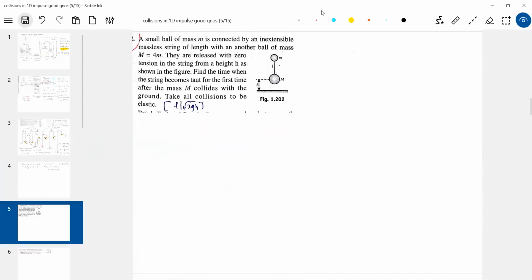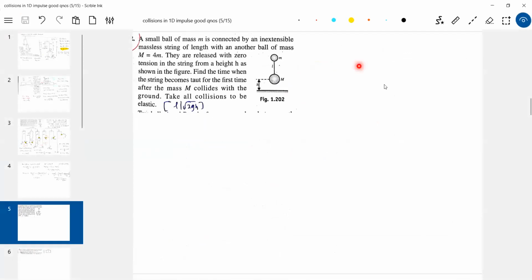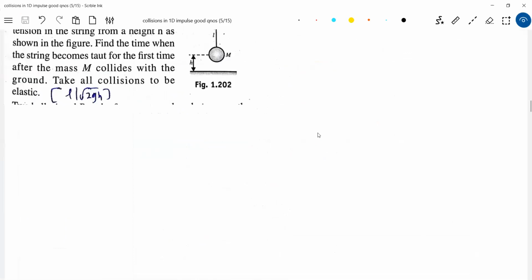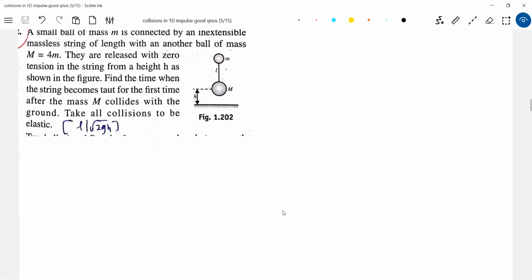Okay, take the next one. Read the question. Again, it's also a very simple idea. Some string I'm also connecting between the blocks. All of you read the question.